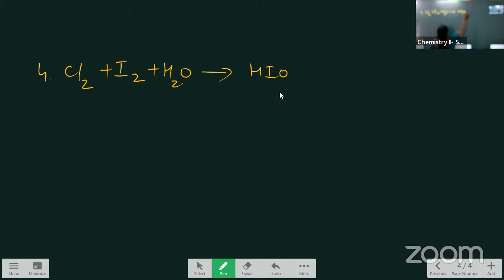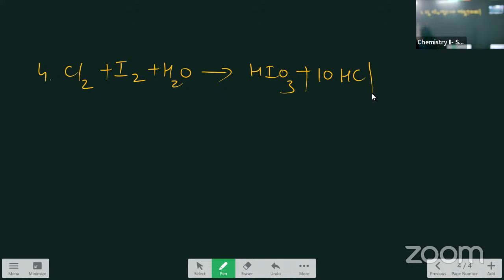The next, fourth reaction, Cl2 with iodine and water gives rise to HIO3. Okay, so HI is the hydroiodic acid plus chlorine here.